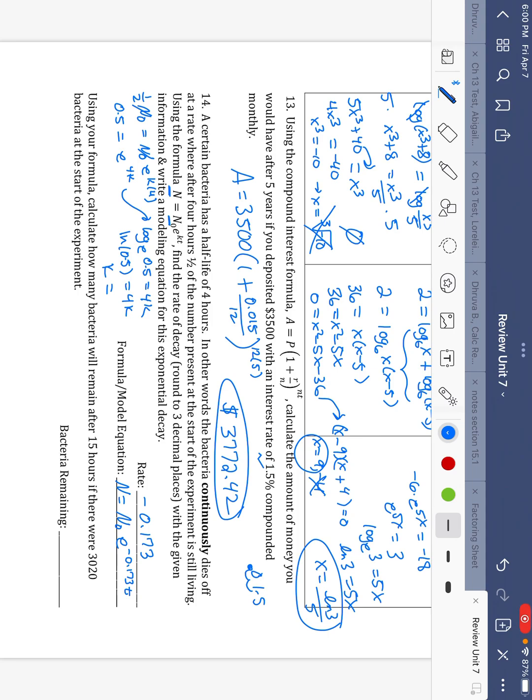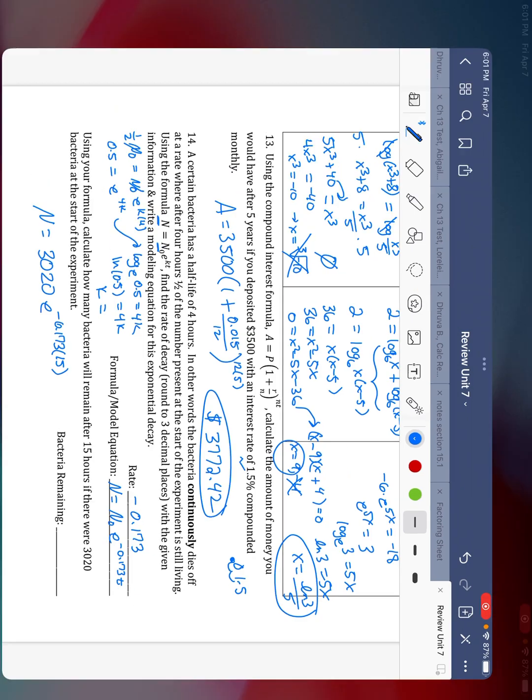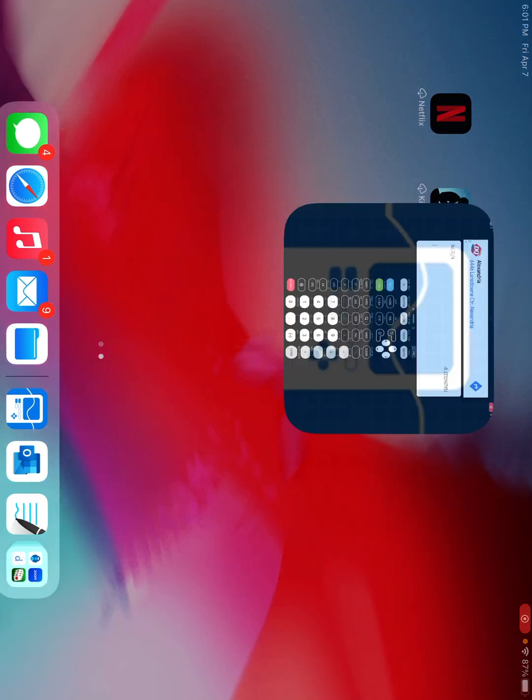All right, so using my formula, let's see what happens in 15 hours if there were 3,020 bacteria to start with. So n equals 3020 e to the negative 0.173, and we got 15 up here. So this is just a calculation. 3020, let's see.